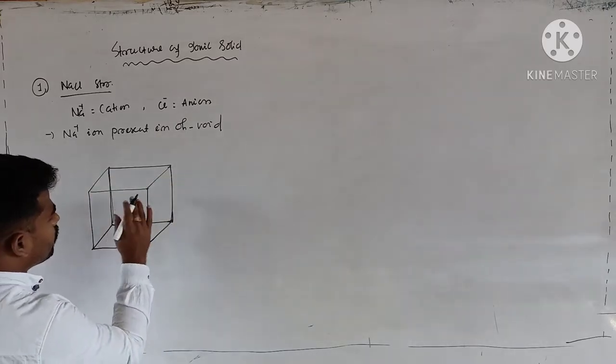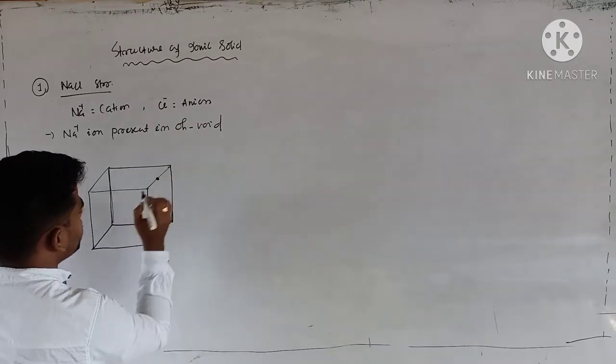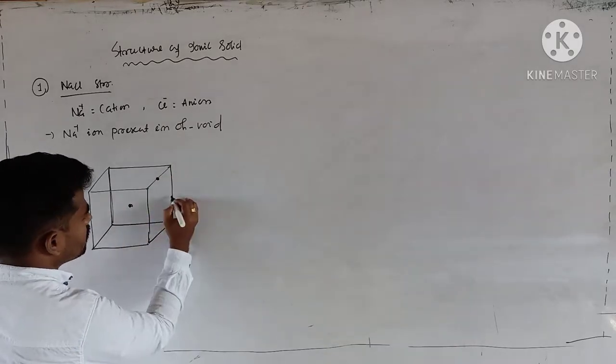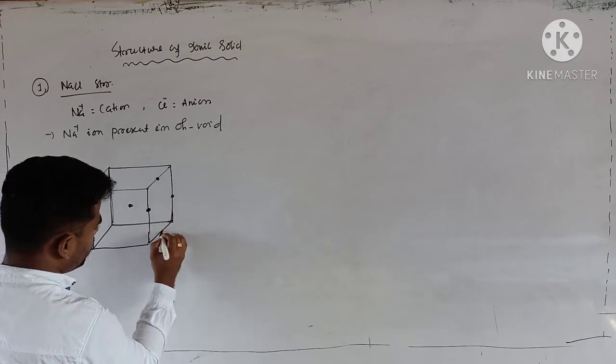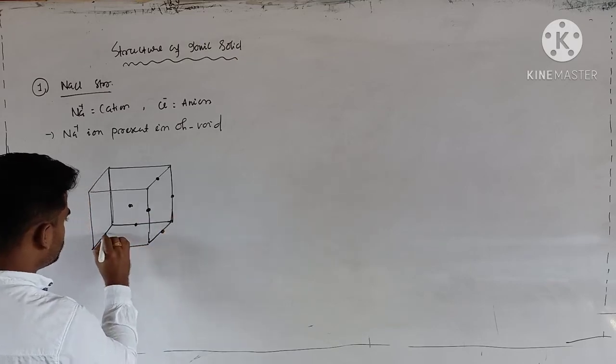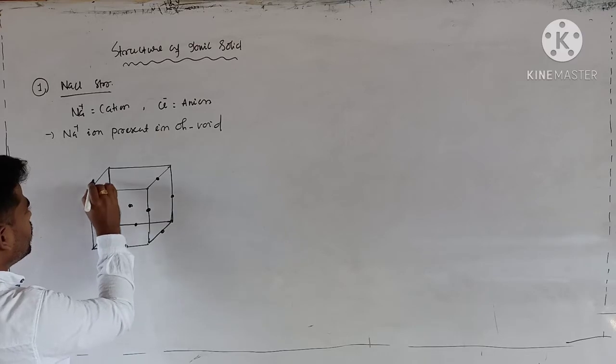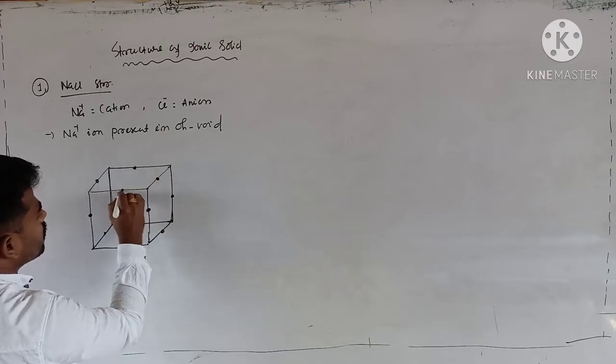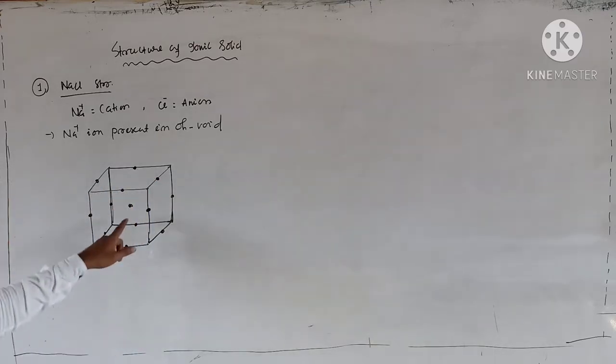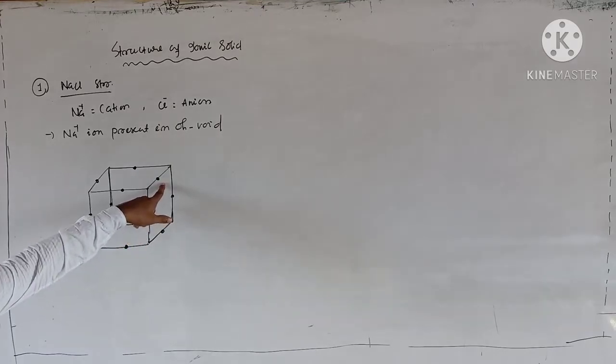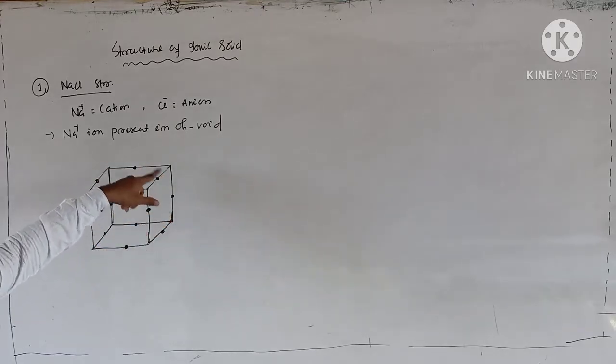then octahedral voids are located at the edge centers and at the body center. So these are Na plus ions, which are present at the edge centers and body center, because octahedral voids are present one at the body center and the others at the edge centers.